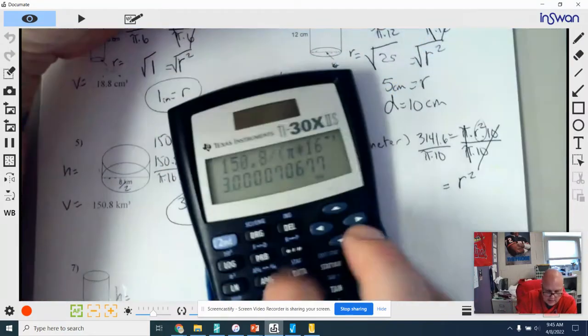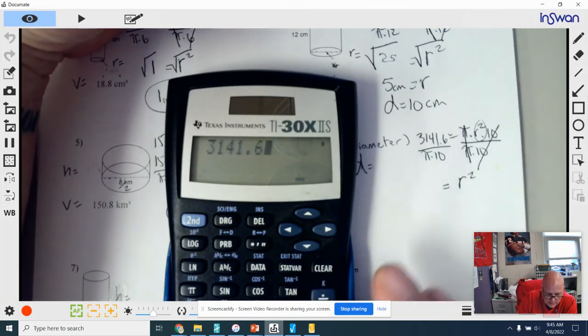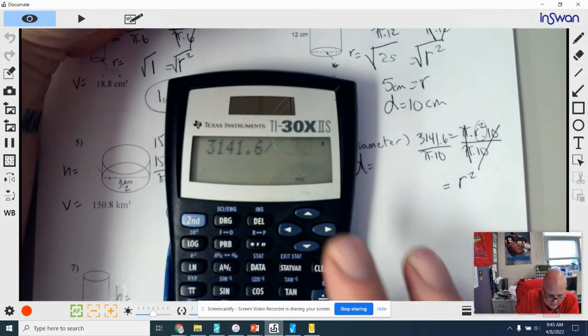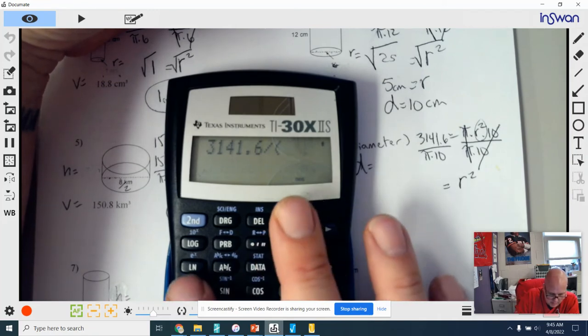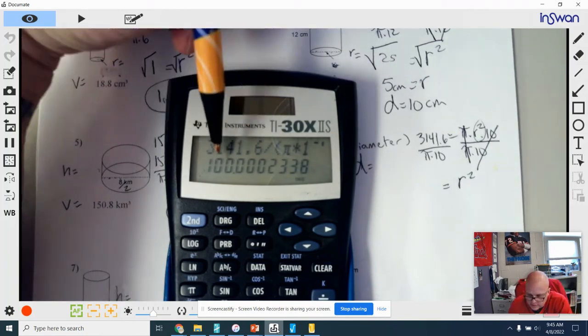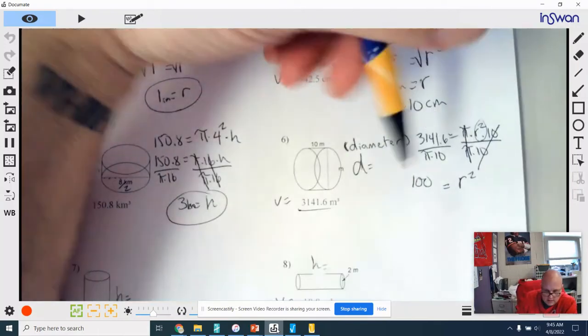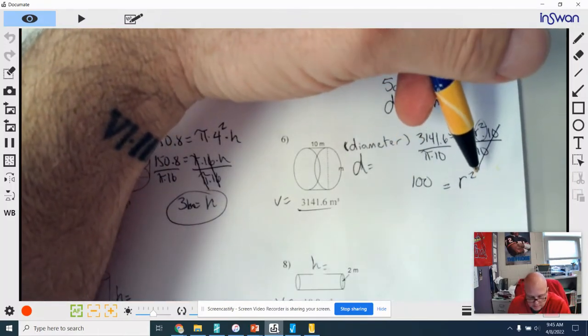And then I'm going to go ahead and type in 3,141.6 divided by, opening parentheses, pi times 10, closing parentheses, equals. Let's round that to the nearest whole number. So we see that's going to be 100. And 100 equals radius squared, not my radius.